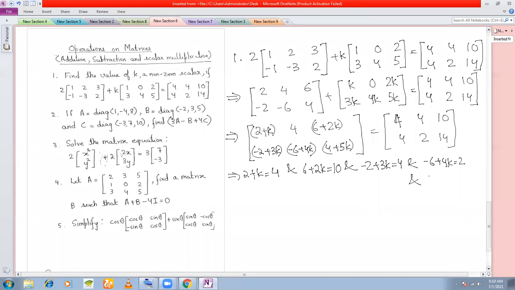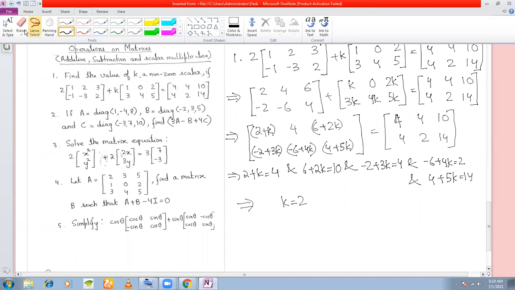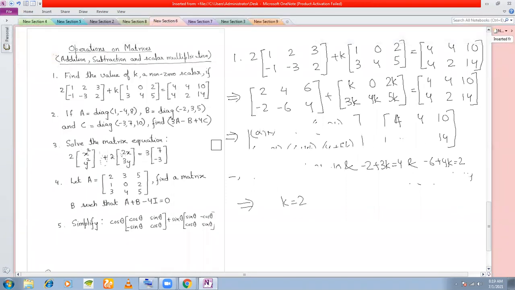And 4 plus 5k must be equal to 14. This is what you're going to get. Now, if you solve each of these equations, all will give you the value k is equal to 2. Fine, so that is the value of k, the non-zero scalar. Moving on to the next problem.